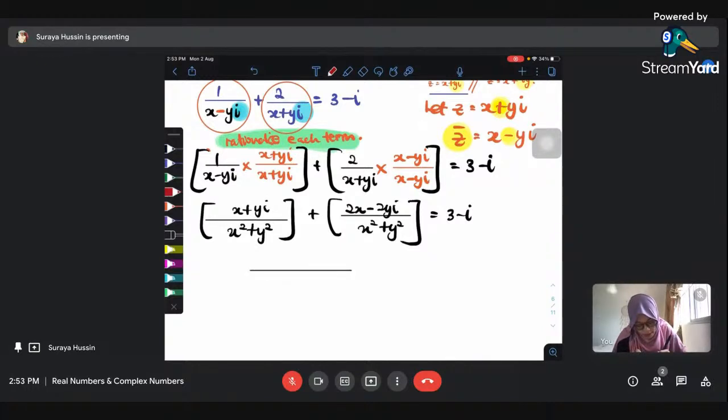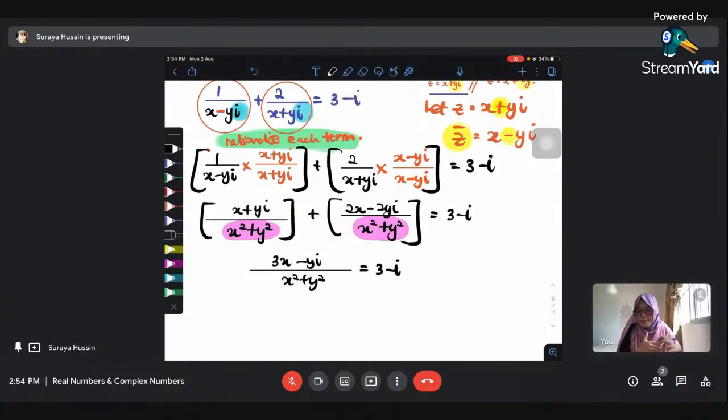Because the denominators are the same, we can put them together. I mean plus them together. You will get 3X minus Y. So you get a much simpler equation.